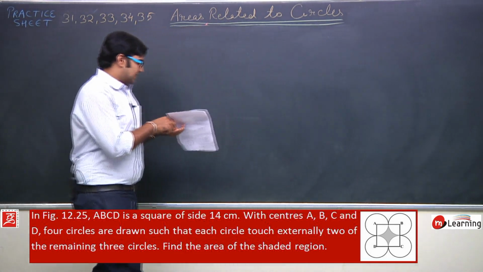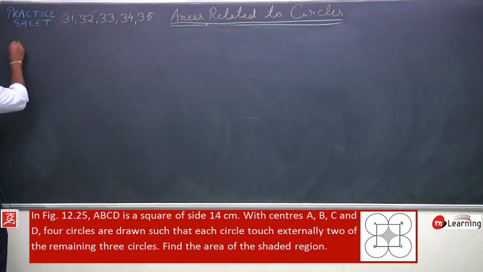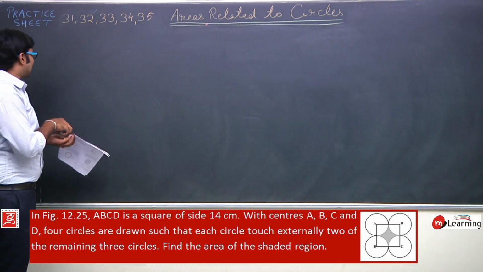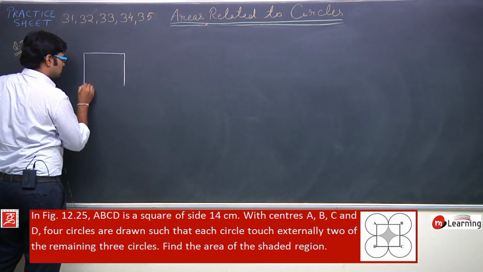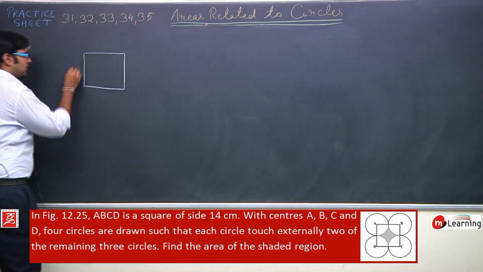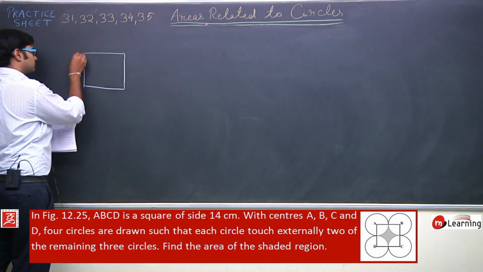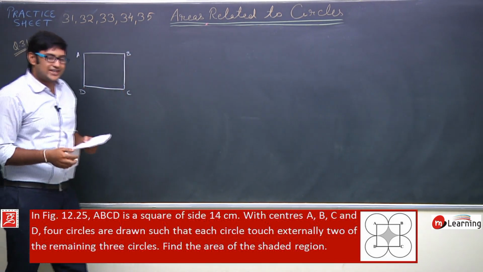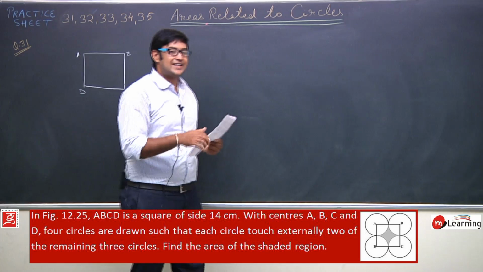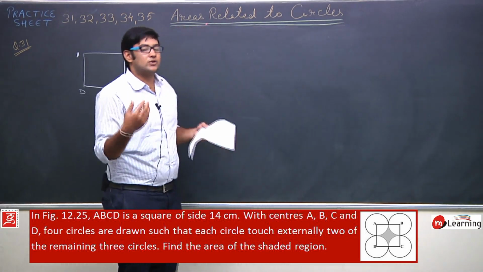So let us analyze the diagram of this question. Question number 31. It says that there is a square. So we have drawn a square ABCD. Now using A, B, C, D as centers, we have drawn 4 circles.